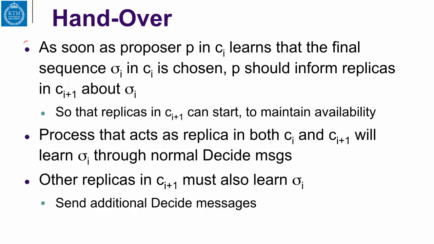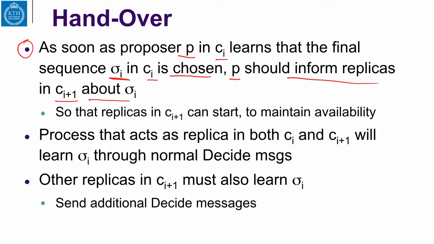Let us discuss handover now. As soon as a proposer P in Ci learns that the final sequence in Ci is chosen, then P could inform replicas in Ci+1 about this sequence.